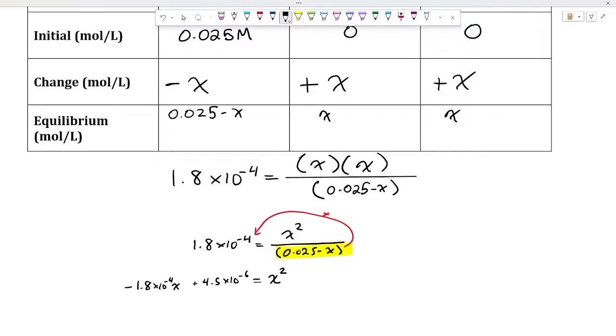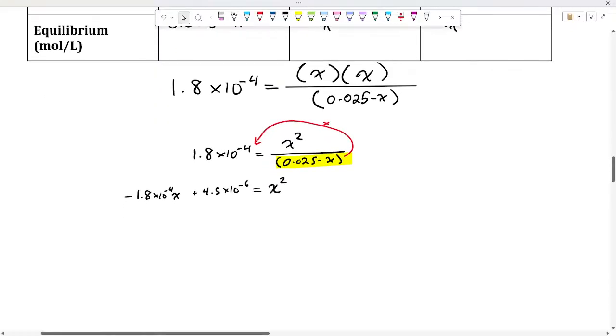Okay. What does this all have to equal if we're going to do a quadratic? Has to equal 0. I would move everything to the right. I would set this side as 0, just because we already have that x squared sitting there so beautifully.